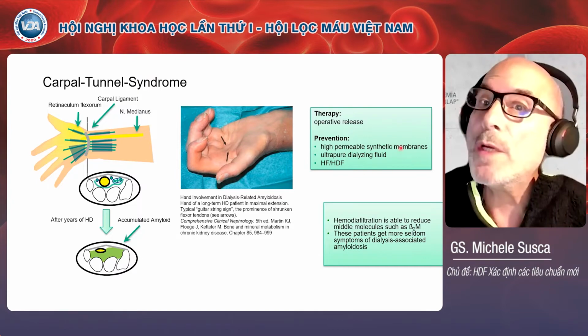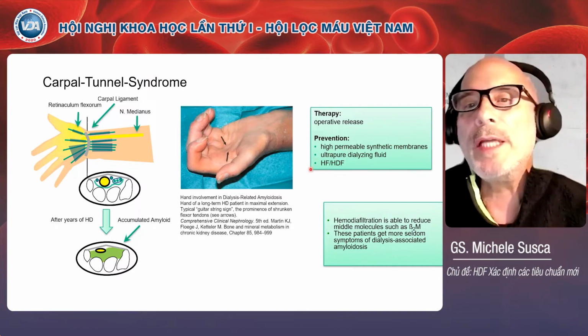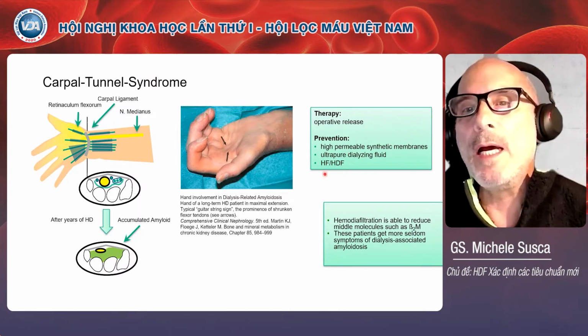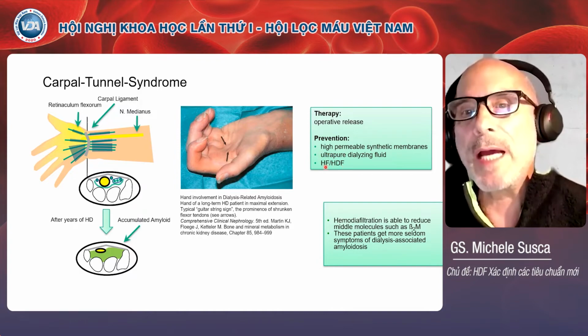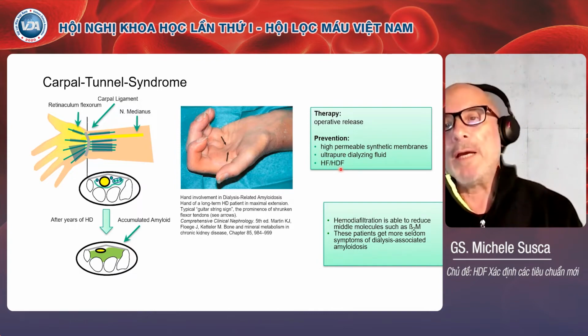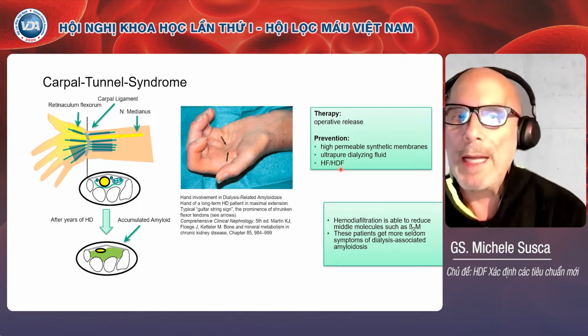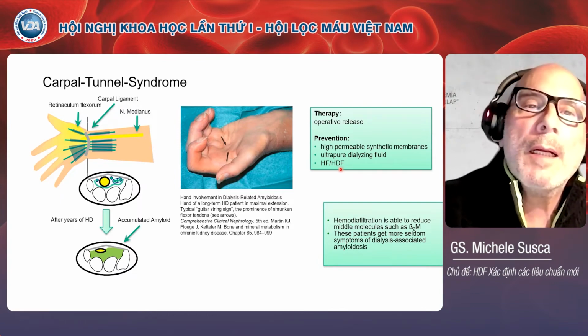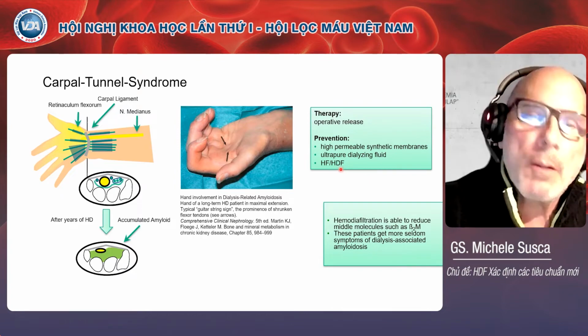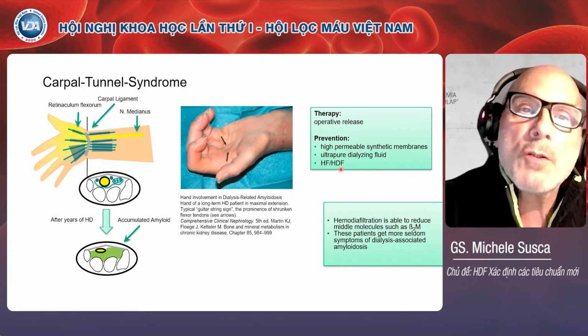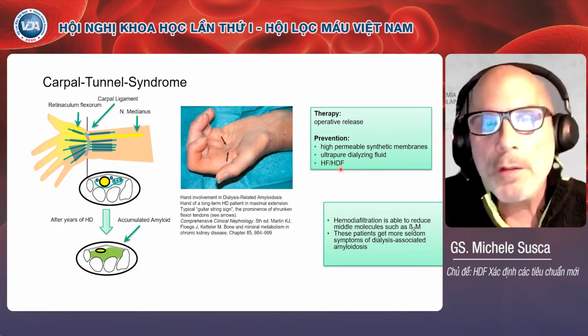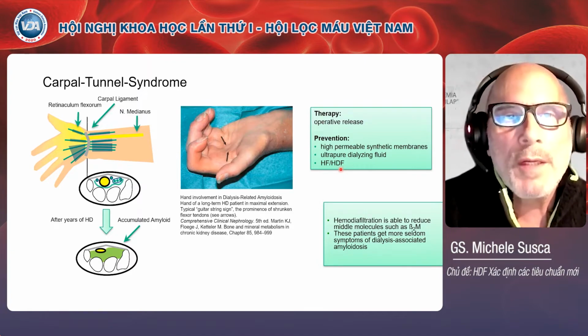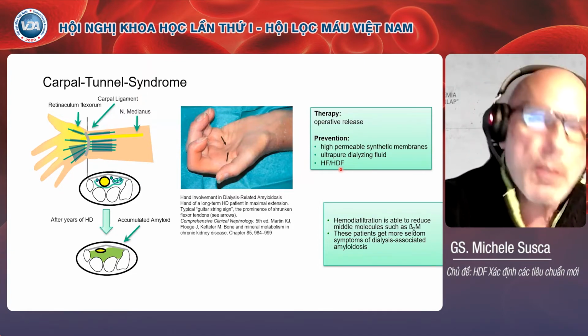You have seen now how we do it. And to use convective therapies like hemofiltration or hemodiafiltration. In this way, we can well remove the amyloids, the beta-2 microglobulins, and so prevent, not totally of course, but we can reduce these complications.